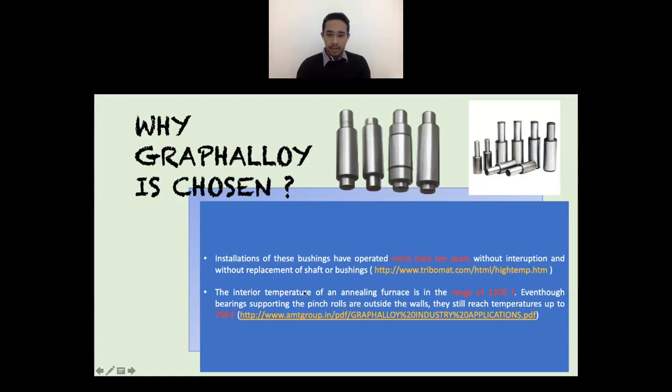And then second is the range in annealing furnace can reach 1200 Fahrenheit, and then even the bearing support at the outside still can reach 750 Fahrenheit. So this is a support journal that I find to support why I choose a graph alloy.